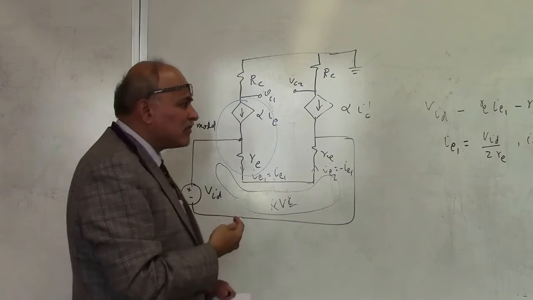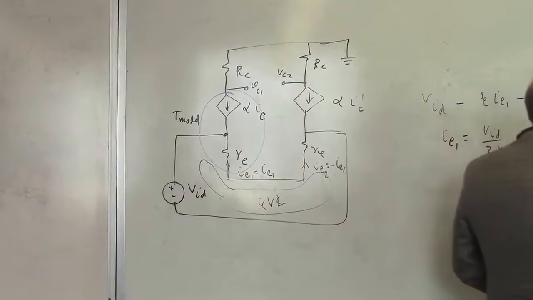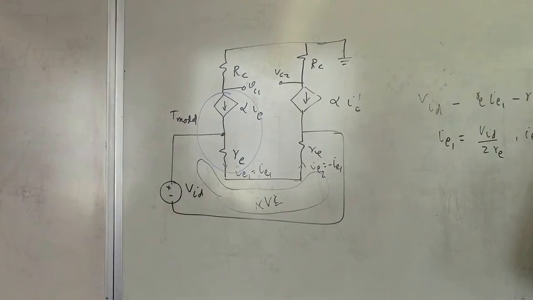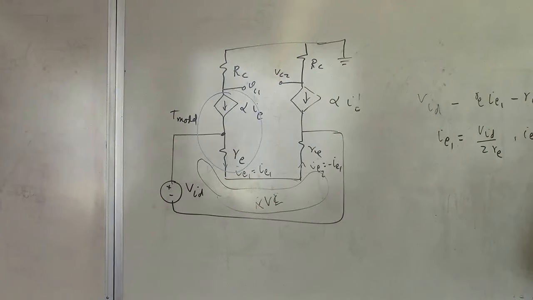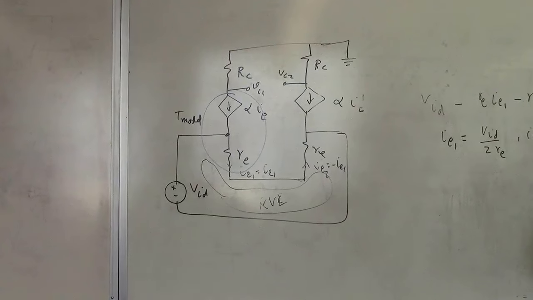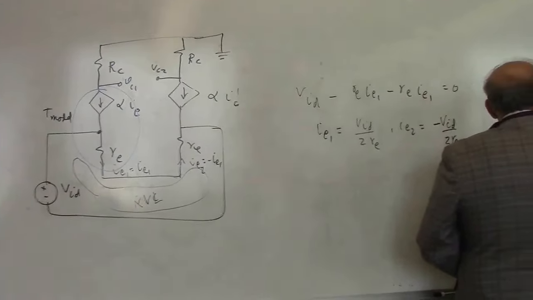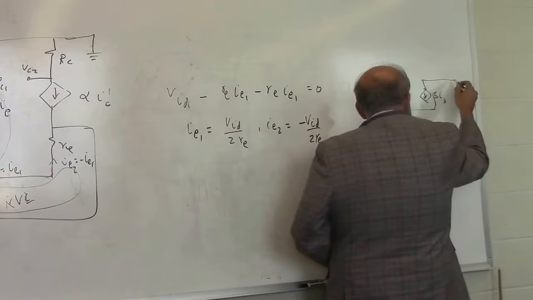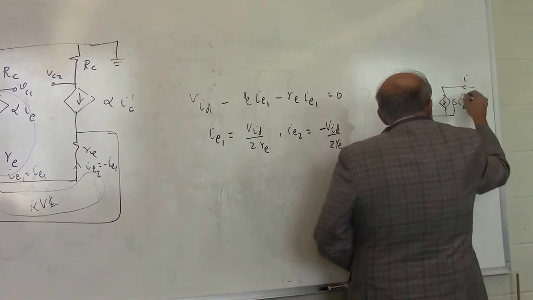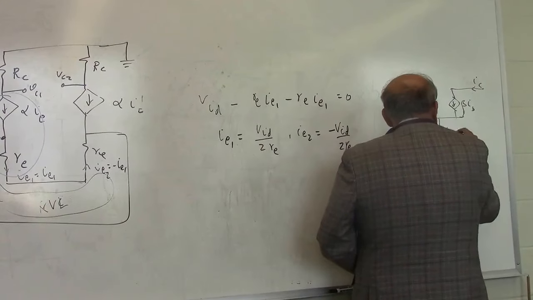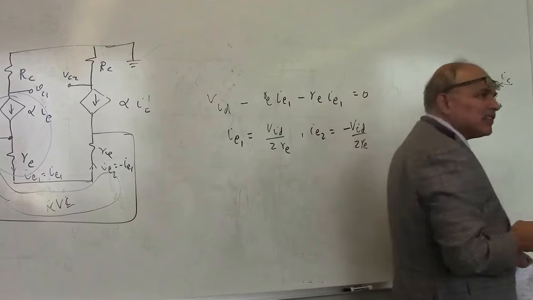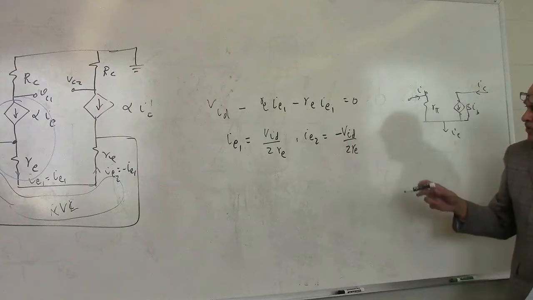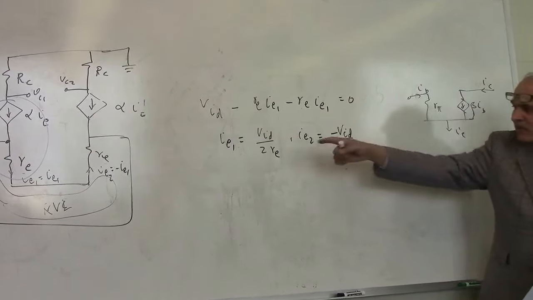You can also write the other model, which has R pi and beta IB and IC, and this is called the pi model of the transistor. I'm choosing not to use this one, and this is the corresponding T model.